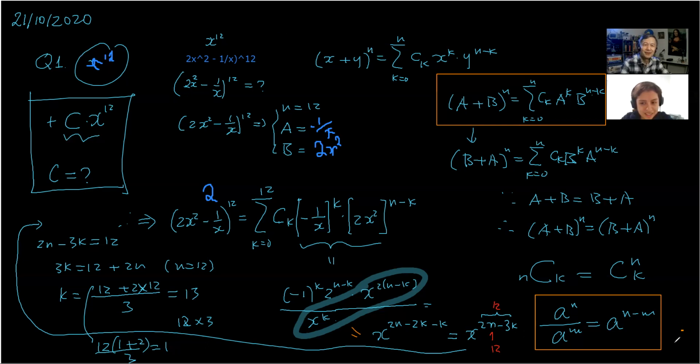So you got 12. Sorry, not 12: 12 plus 2 multiplied by 12, divided by 3. What I do is factorize. Can we factorize this?